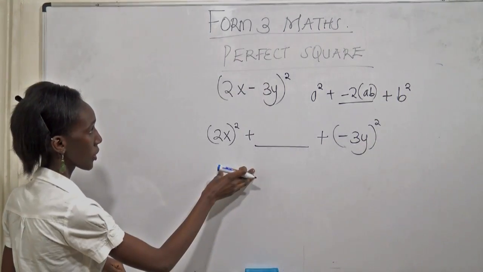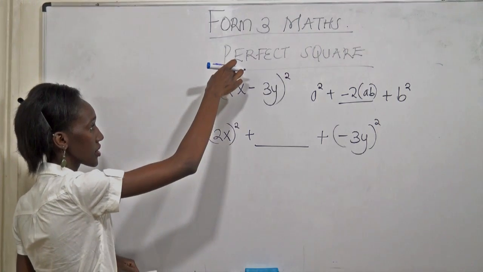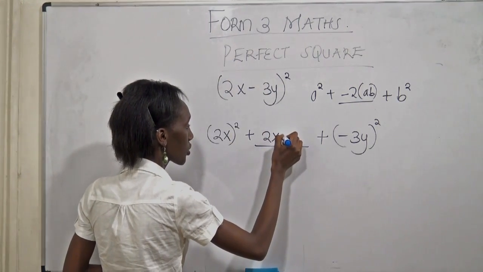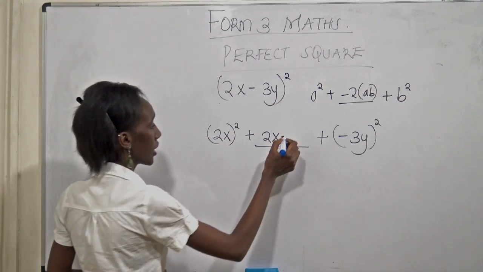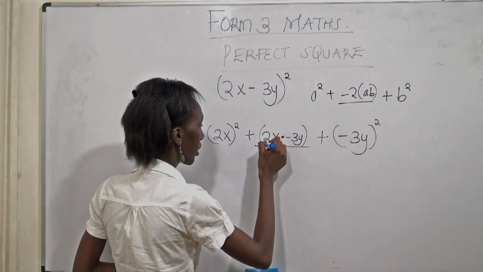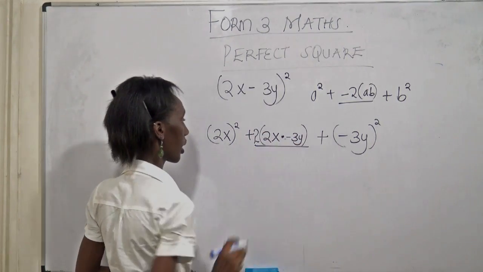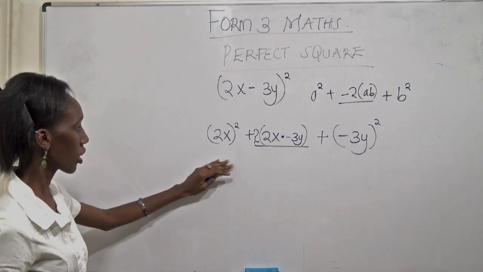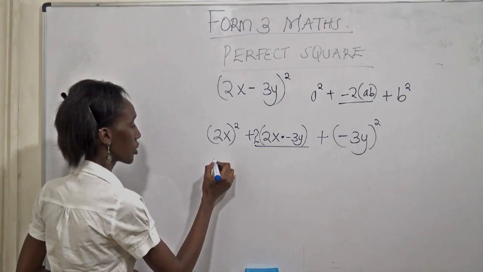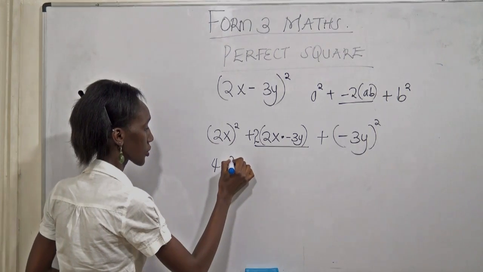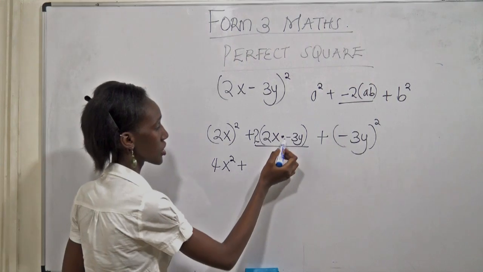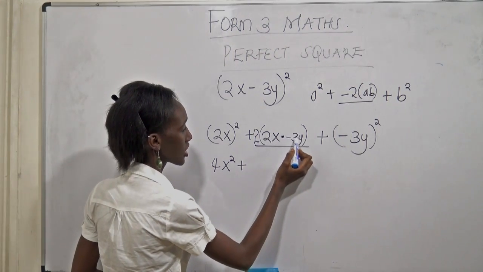When you come to the middle term, you're going to multiply this and this. So we have 2x, still using the dot to signify multiplying, times negative 3y. Then you double up the numbers. So for my final equation, what am I going to have? 2 squared will give me 4x squared plus, first I deal with this, 2x times negative 3y.